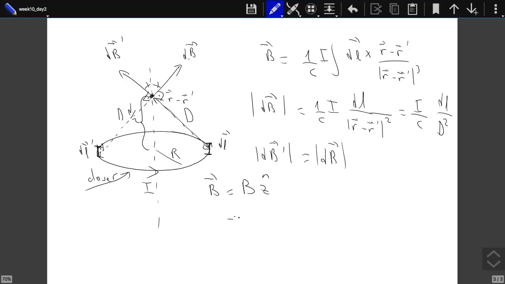And this will be equal to the integral in the z direction, 1 over c times I, the integral of dl over D squared times cosine of theta 0. This angle is, let's just call it theta 0. I'm just taking the z component, I'm adding only the z components.